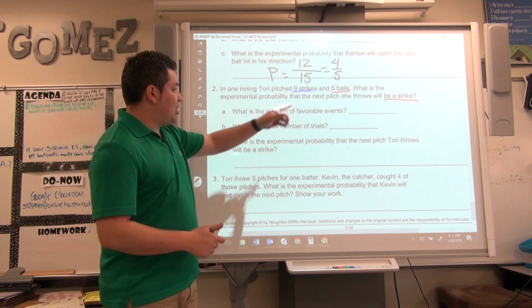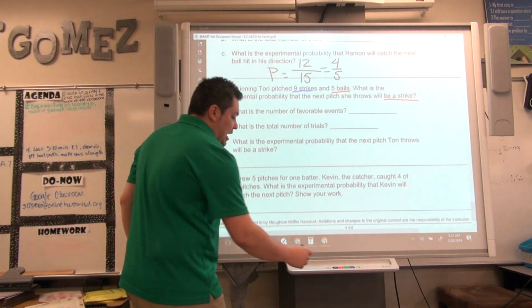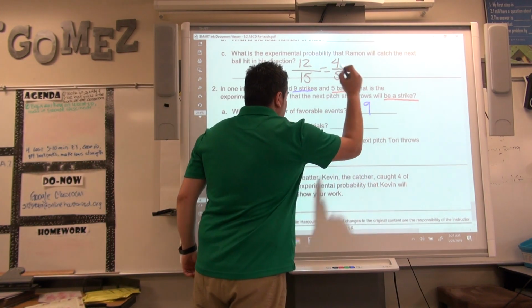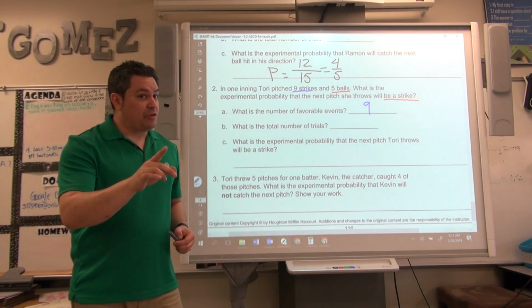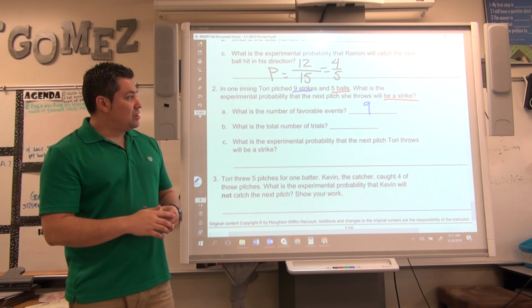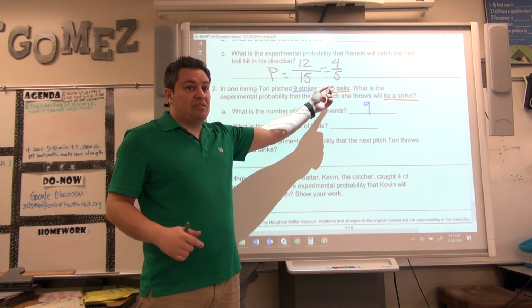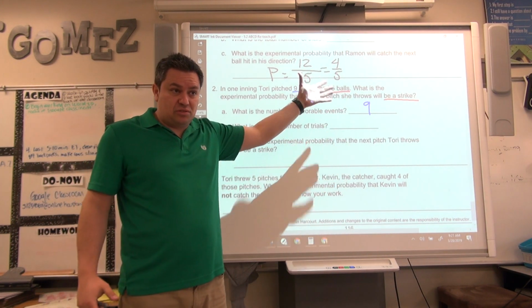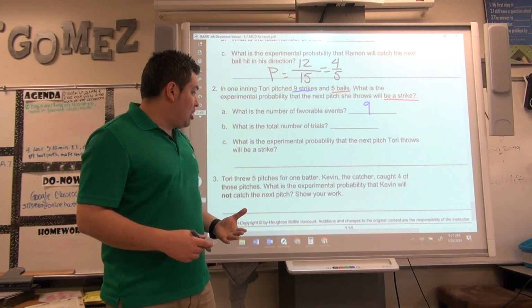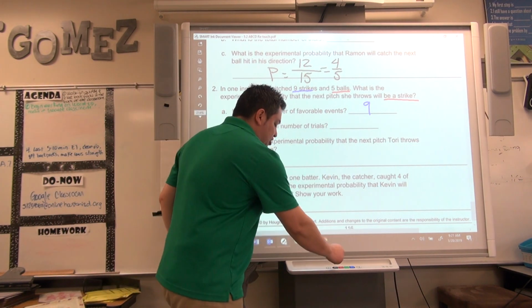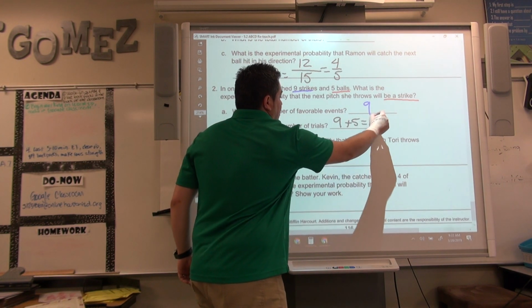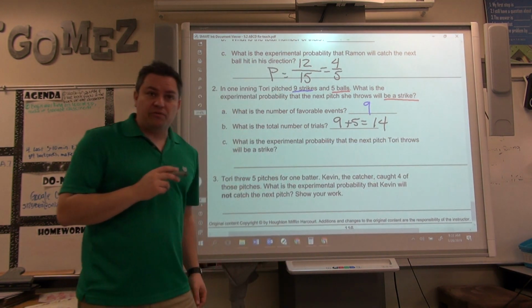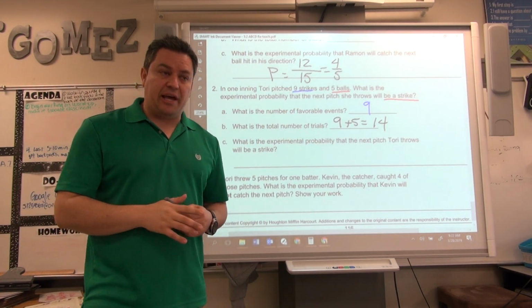A strike. So how many strikes was that? 9. What is the total number of trials? Don't get confused. It was 9 strikes and 5 balls, all together 14. So the number of trials is the addition of those two, 9 plus 5, which is 14. Don't get confused on those, guys. You've got to read the whole thing.